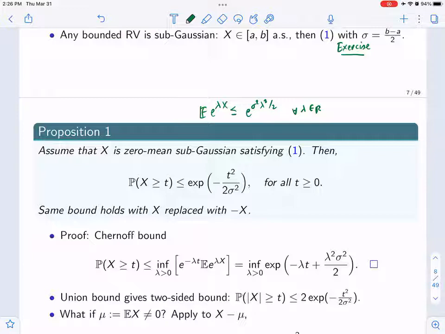For a zero mean random variable, because lambda is in R, if I change x to negative x, I can change lambda to negative lambda and the same bound holds. So if x is subgaussian, negative x is also subgaussian, if things are zero mean. Even if they're not zero mean, it would be, but you need some other stuff to show that. But if it's zero mean, it directly follows from this.